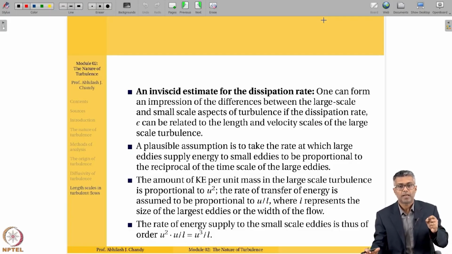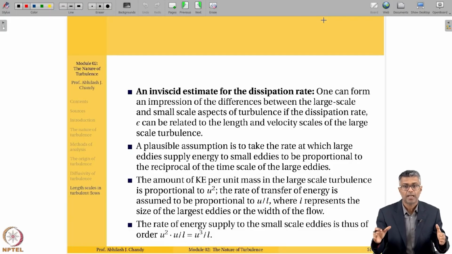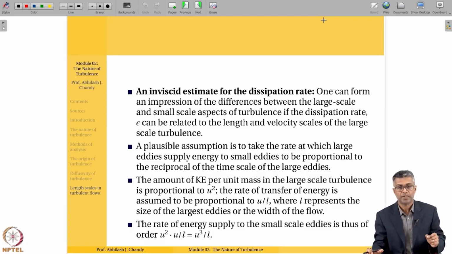So the difference between the large scale and small scale is the dissipation rate. That dissipation rate can be related to the length and velocity scales, because it is the rate at which energy is being transferred from large scales to small scales.